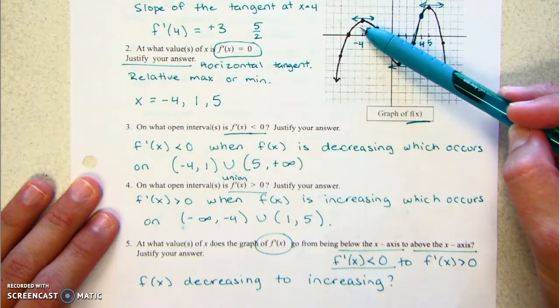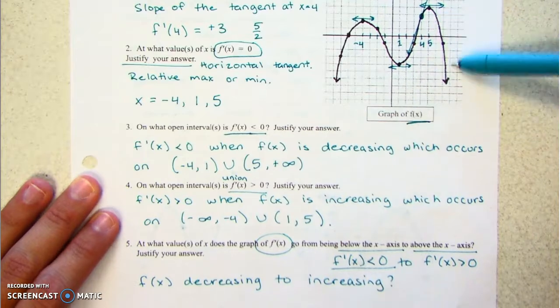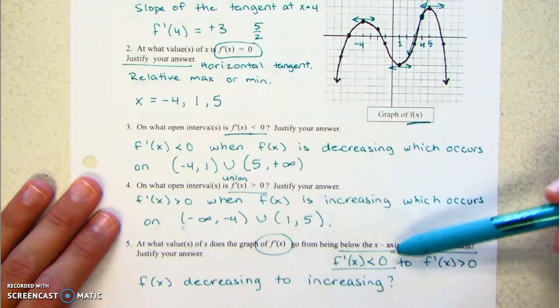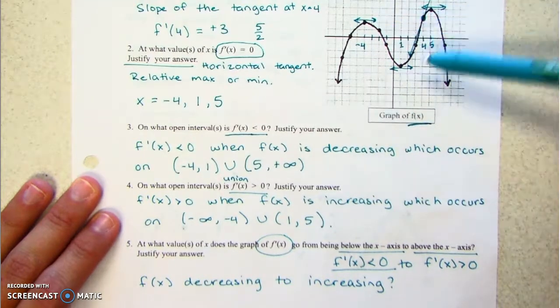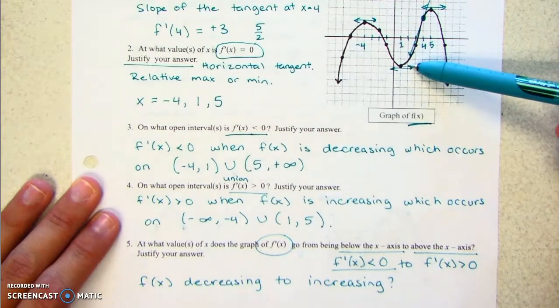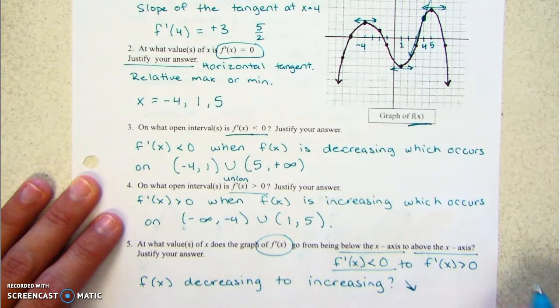Increasing, decreasing, increasing, decreasing. So the derivative goes from negative to positive at 1. Maybe we need to draw a picture. That means the derivative is negative to the derivative being positive.